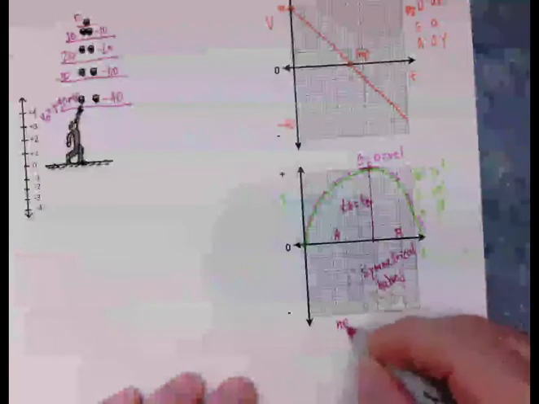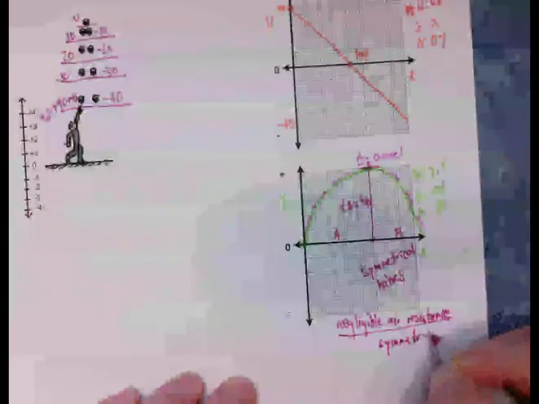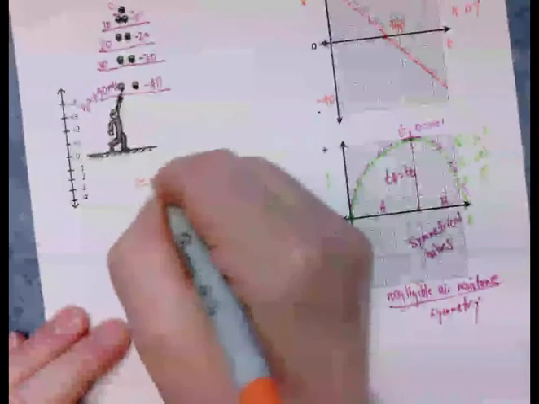It takes just as much time to fall from the peak and come downward as it does to go from the launch to the peak. So there is this symmetry. And of course, this is true for negligible air resistance. Symmetry. Very powerful.